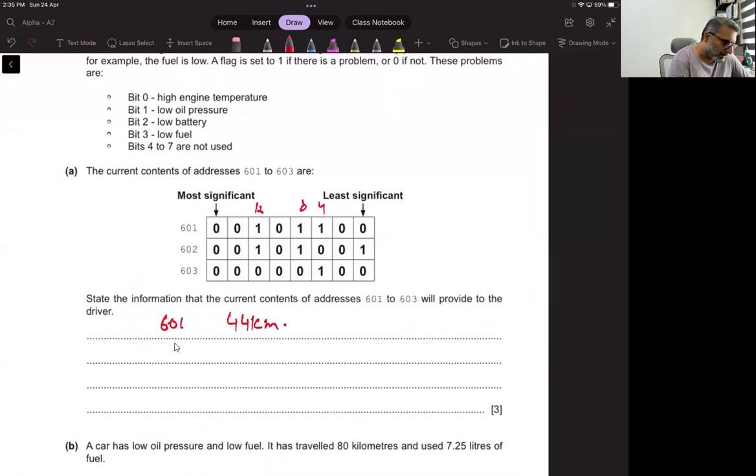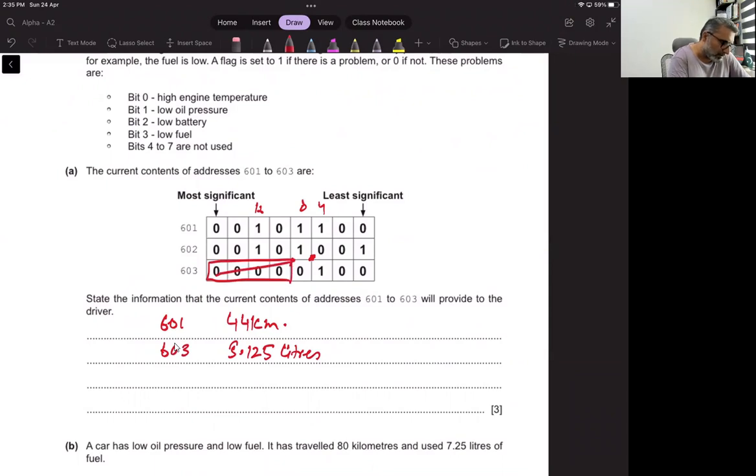602 is a fixed point with 3 digits after the point. So this one is 5.125 liters. And the third one, this part is not being used.